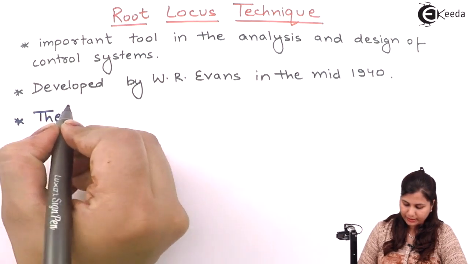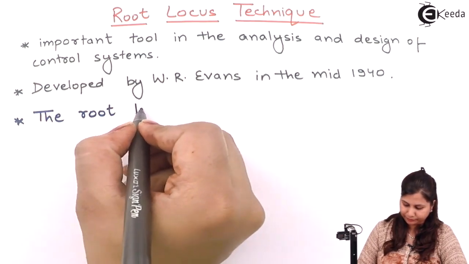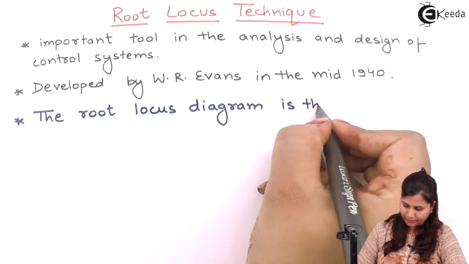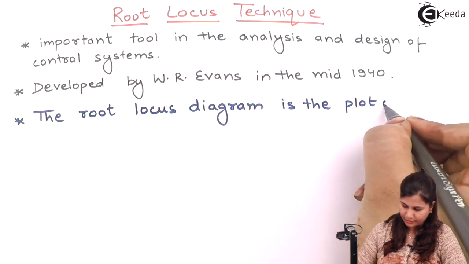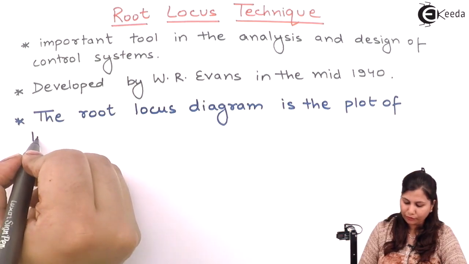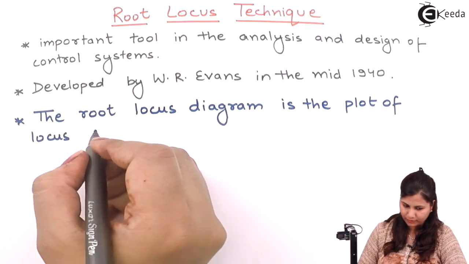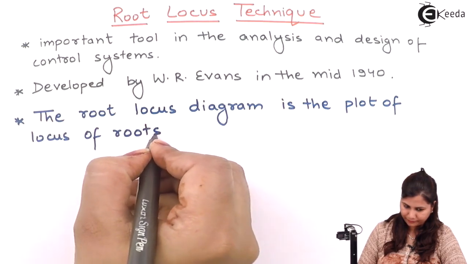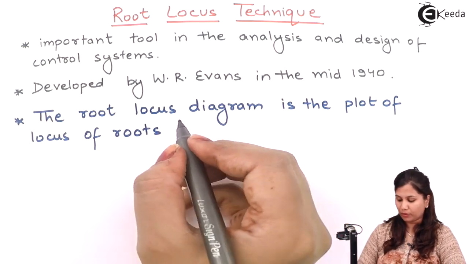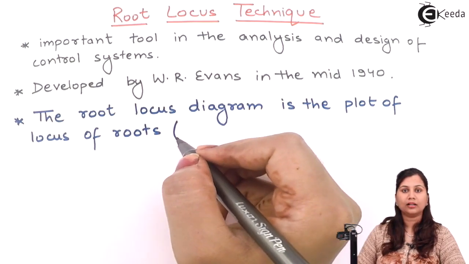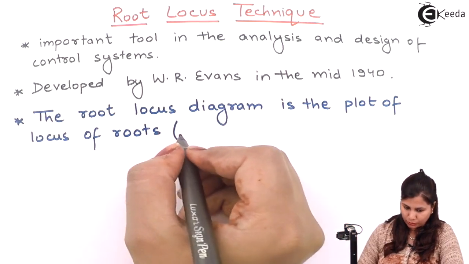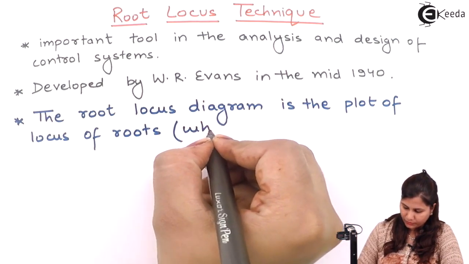The root locus diagram is the plot of locus of roots, and roots are what? They are also known as the closed loop poles of the system.